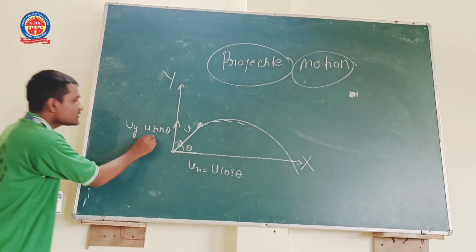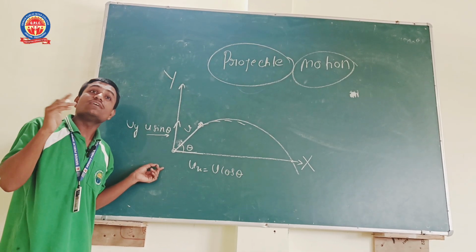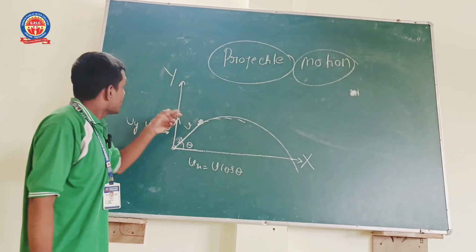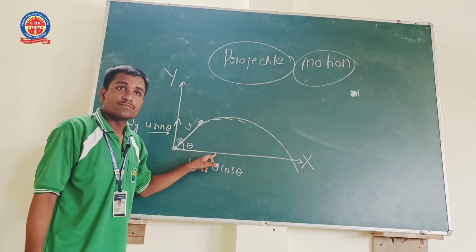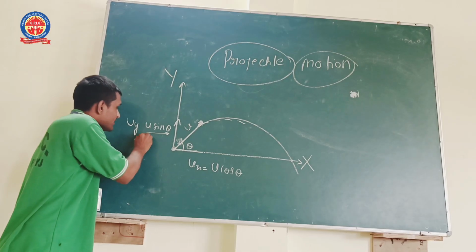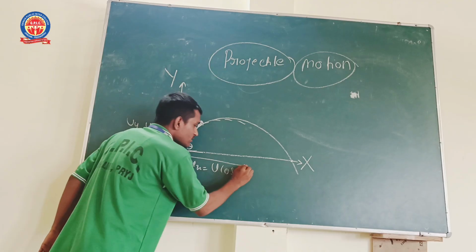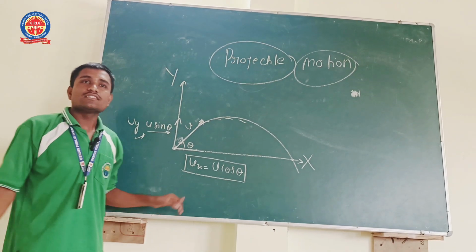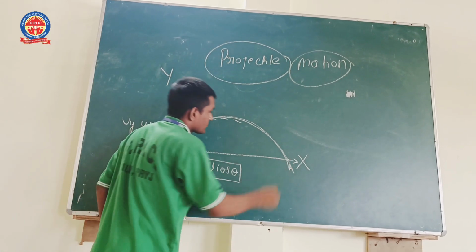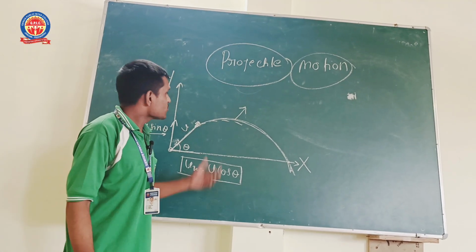But u sin theta will change because projectile is two-dimensional motion, meaning the object changes position vertically as well as horizontally, and due to acceleration due to gravity, u sin theta changes. During the motion, u cos theta is always constant, unchanged along the path, and this path is known as the trajectory, or projectile path.